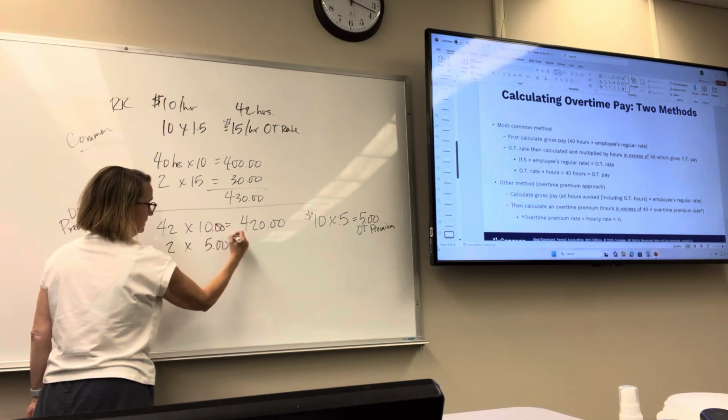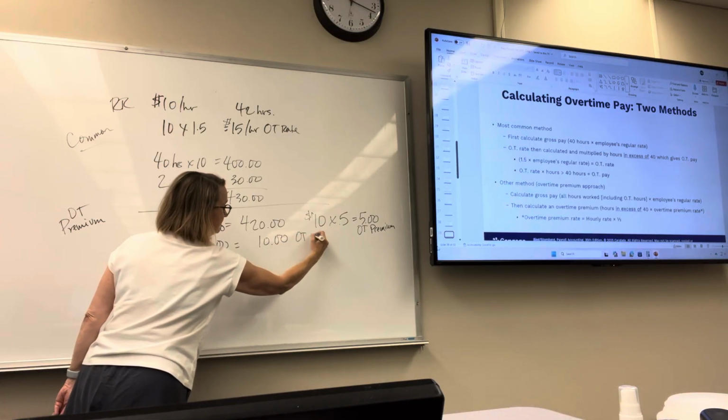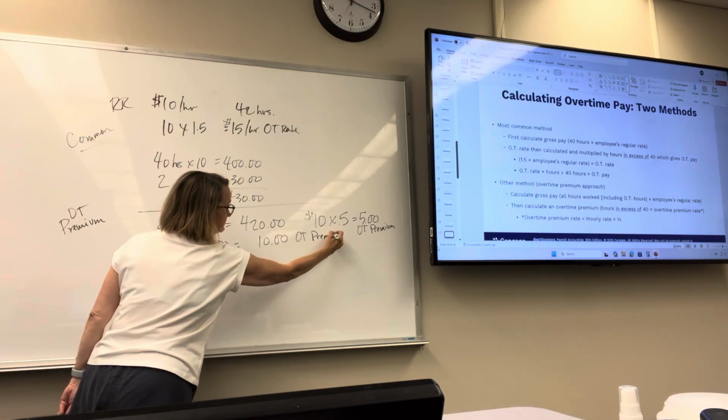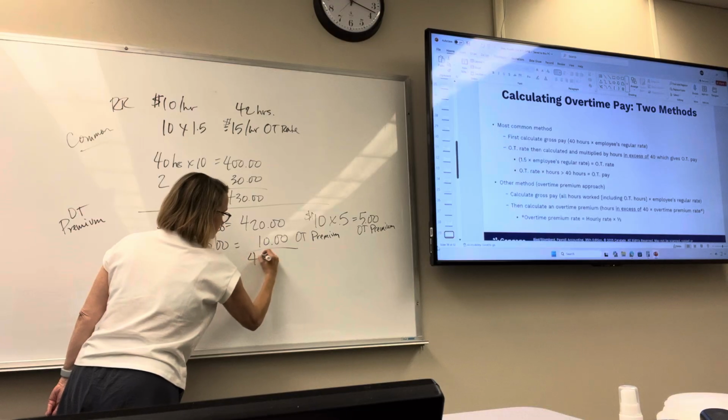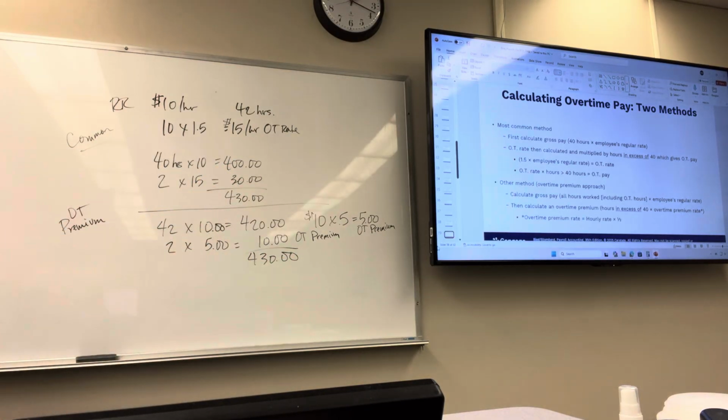This is our overtime premium. $430. Same result. Obviously, the first one is probably a little bit easier for us to conceptualize, and it's the one that we're most used to.